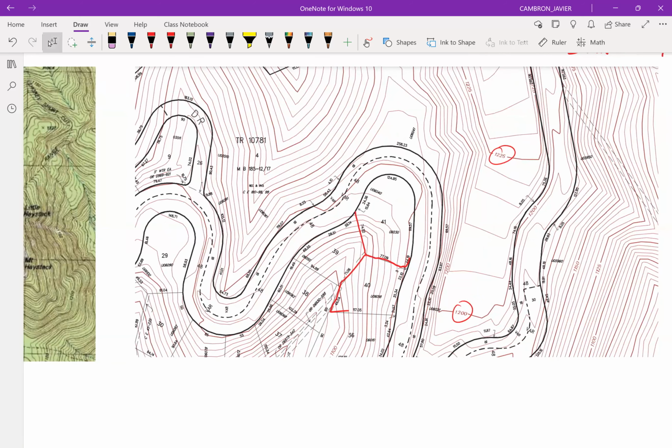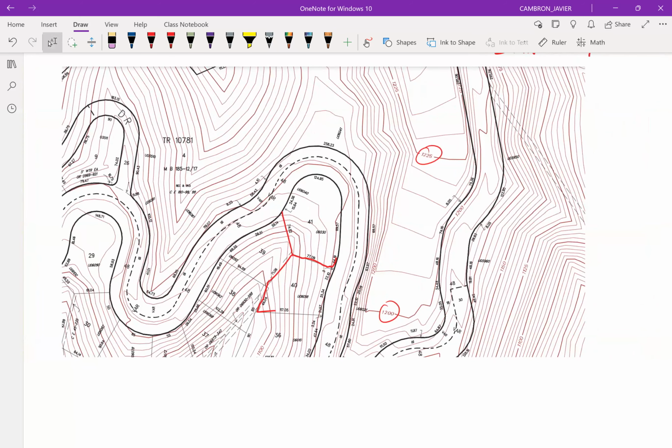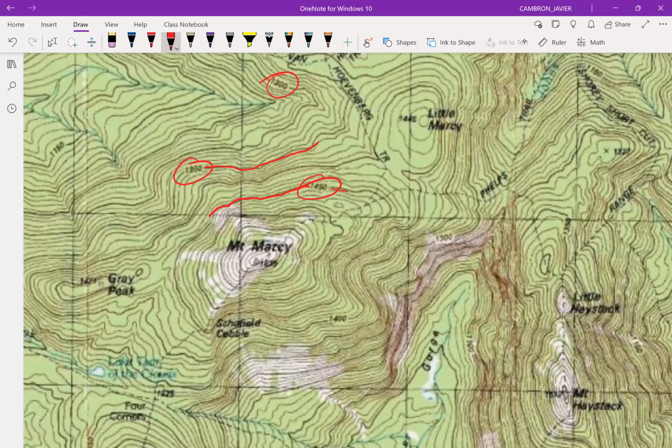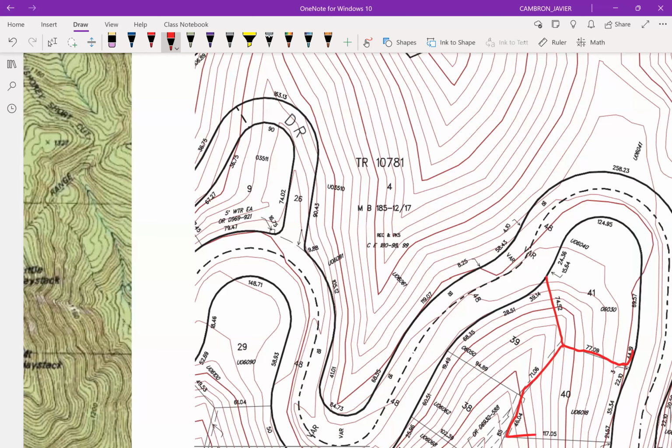Typically they are broken up into segments of 5. So you'll have 4 minor contour lines, and then the fifth one is a major contour line, and then 4 minor and then a major, right? It's the same thing over here. If we count, we have 1, 2, 3, 4, and then a major, right? And same thing over here.